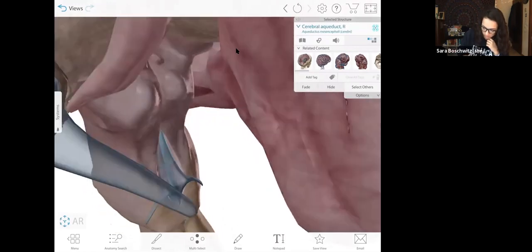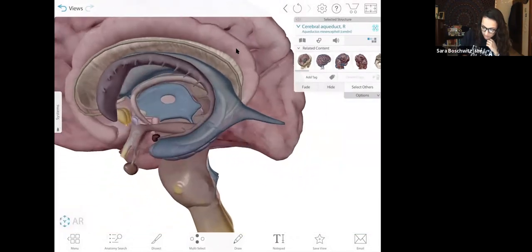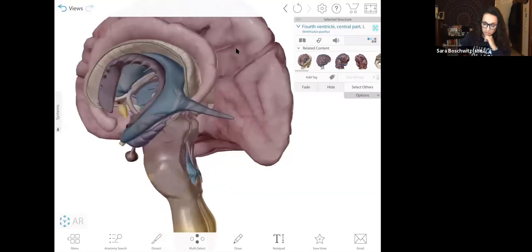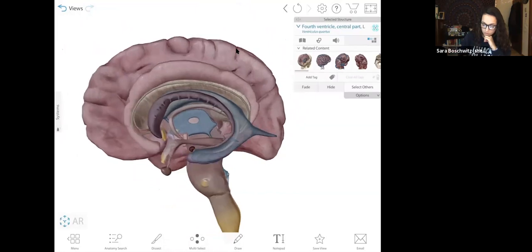So hopefully you can kind of make that connection. So lateral ventricle is going to lead into the third ventricle, going down through the cerebral aqueduct and down into the fourth ventricle.